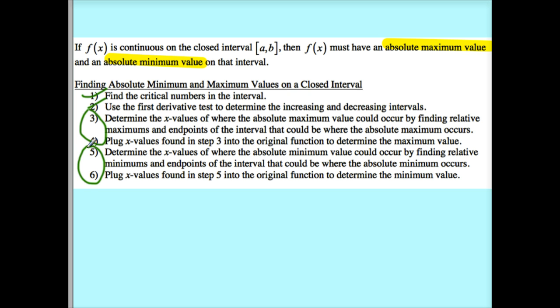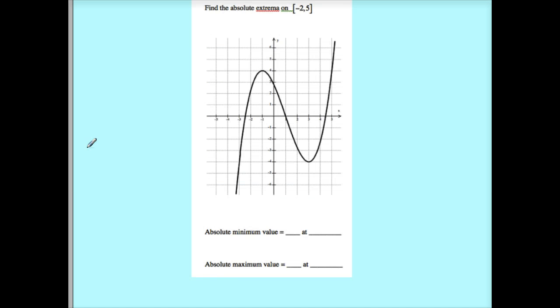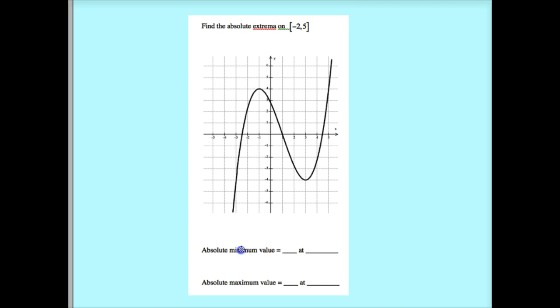So just to give you a picture of what this looks like, we see this graph right here. And it says find the absolute extrema on -2 to 5. So if we find -2 and 5, we see -2's point is right here. And we see 5's point is right here.